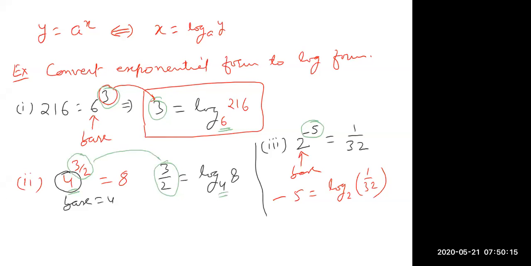Here 2 was the base, so here 2 is the base. And this 216 comes inside log, because y is equal to a raised to power x, you see, this y becomes the input of this log. So this 216 is input of log, this 8 is input of log, 1/32 is input of log.